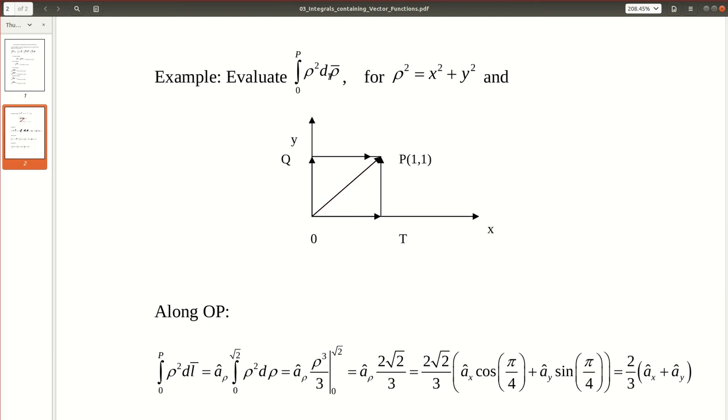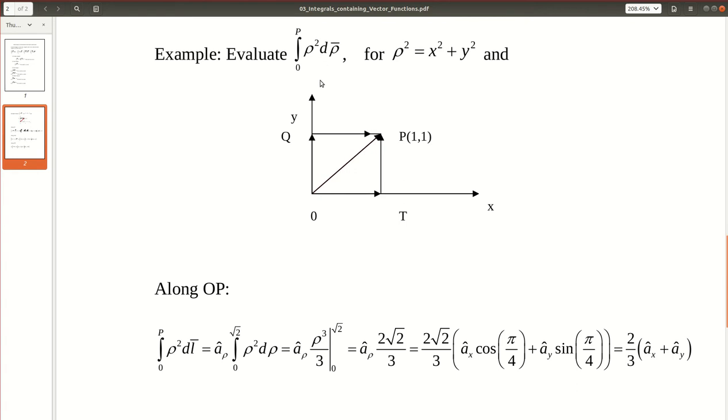So you take here in the cylindrical coordinates rho. Rho is equal to the square root of x squared plus y squared; rho squared is x squared plus y squared.